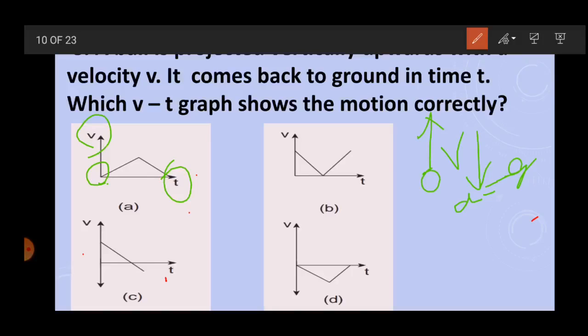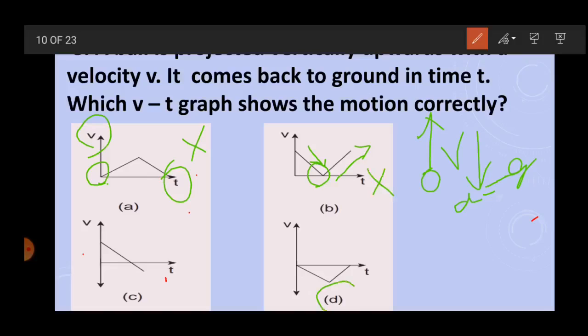So no need to correct the motion. And in the second one, the particle comes down, velocity suddenly increases, and at the ground the velocity is 0. But here the velocity decreases again in the same axis. So this is not the correct motion.